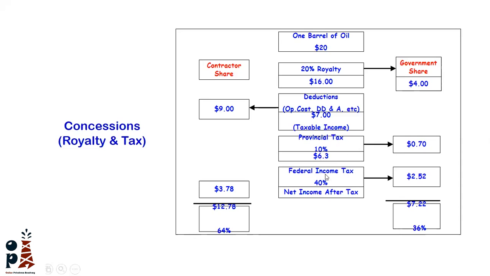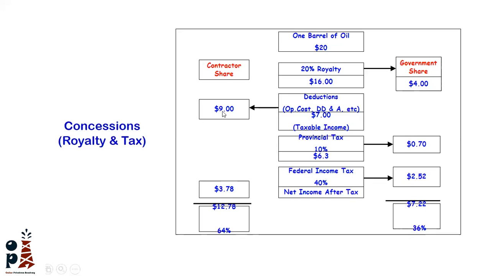Again, we have what is called federal income tax, which is 40% of 6.3. This will be $2.52 to the government, and the rest will be $3.78 to the contractor.